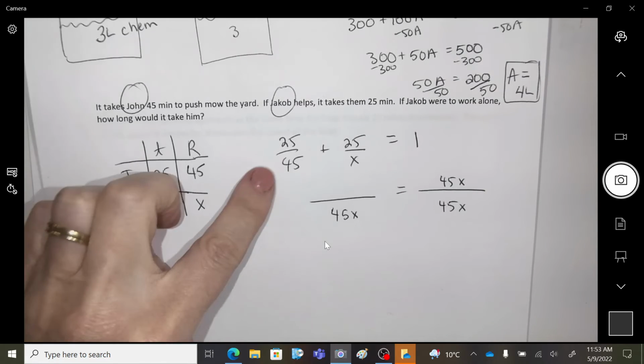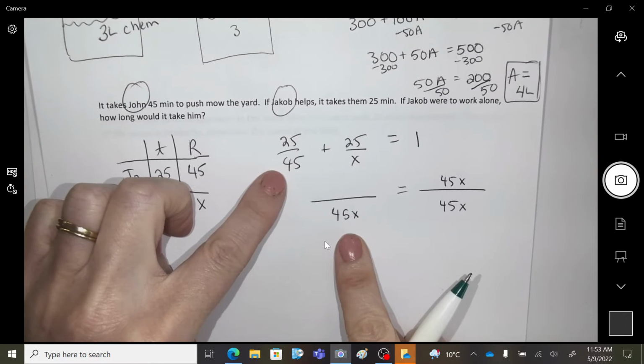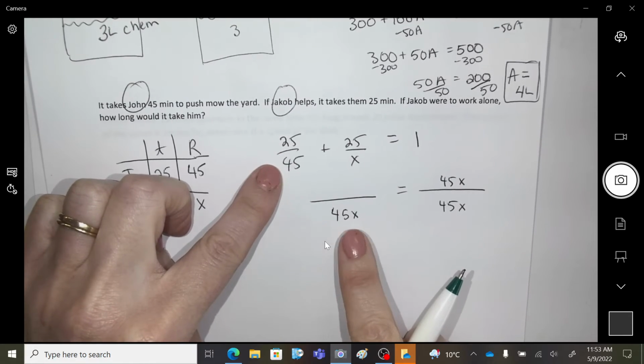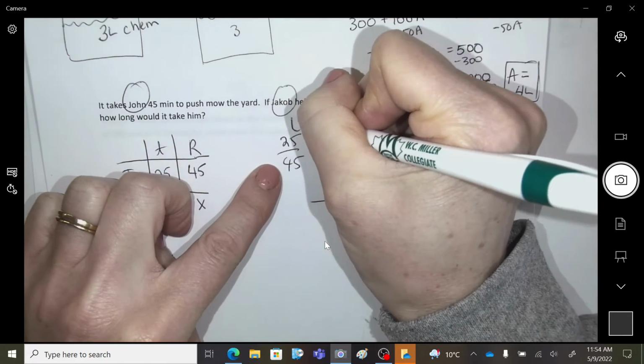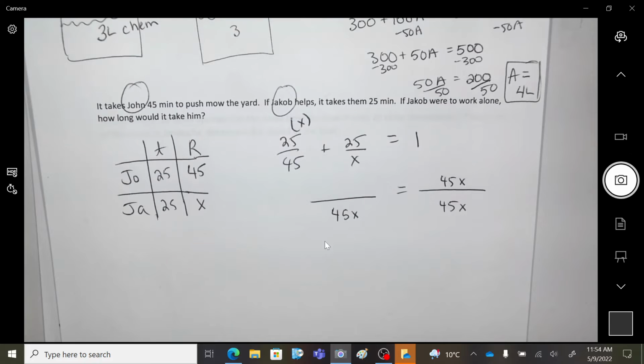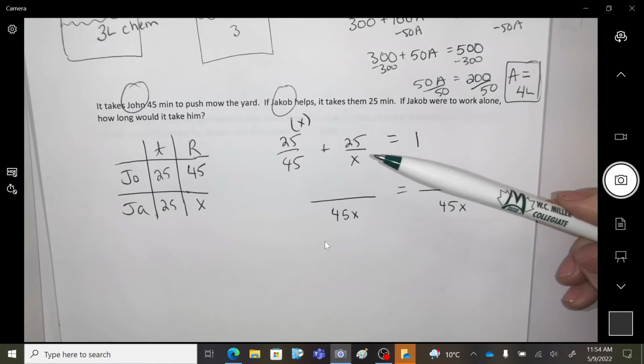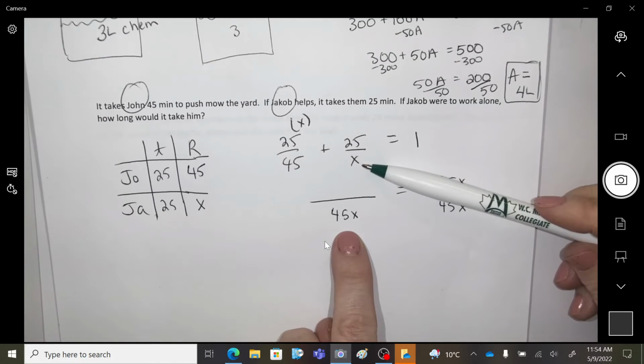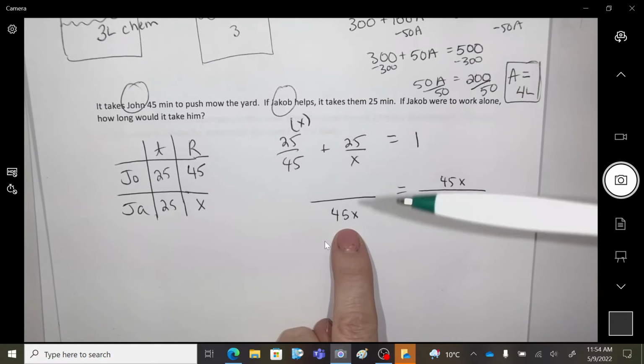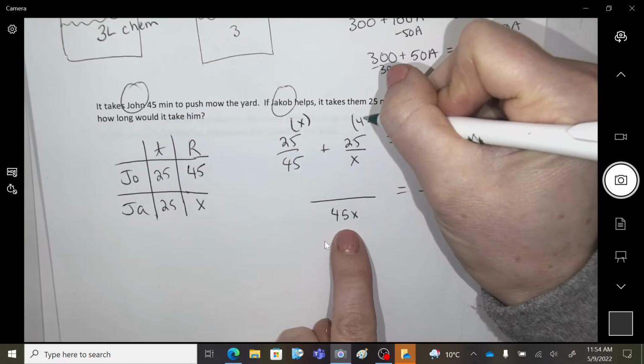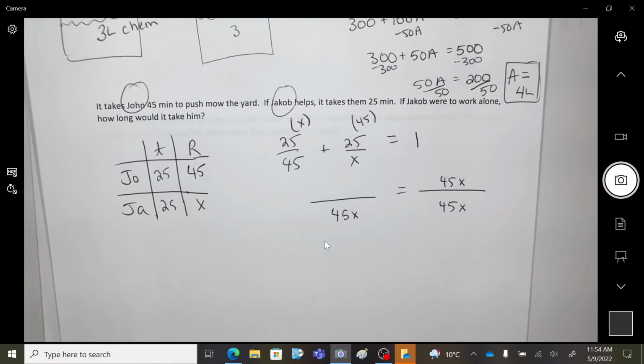All right, first fraction. I would have to do the bottom by an x, so I will also multiply the top. Second fraction, I would multiply by 45. So multiply that by 45.